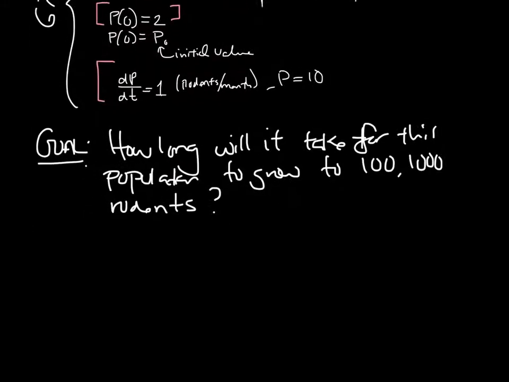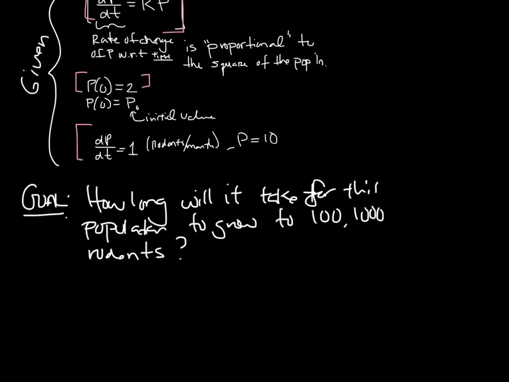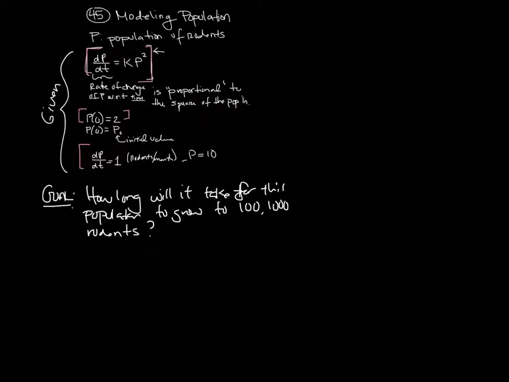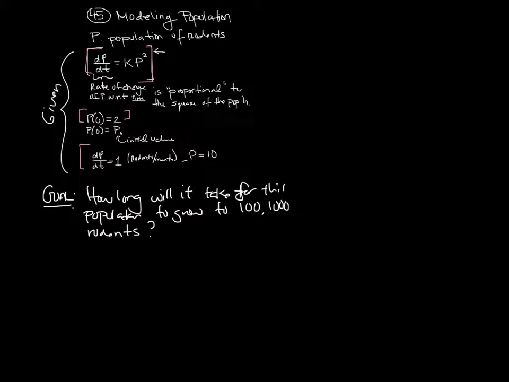Okay, so let's go ahead and do the problem or finish this up. This is what we have, and we're looking for time. We have some relationships here. We have dP/dt, which gives us kP squared, and we also have another dP/dt. So we can set these equal to each other.